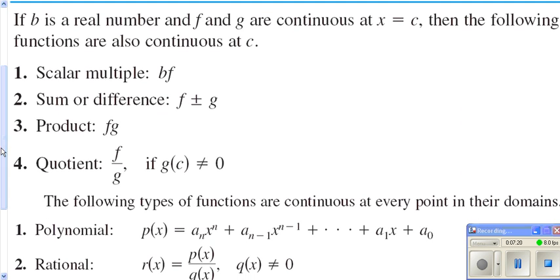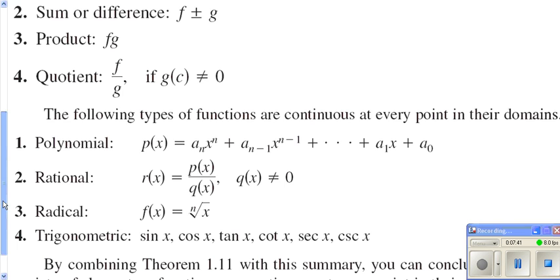Continuity here says if f and g are continuous functions and you add two continuous functions together, it's going to be continuous. If you multiply two continuous functions together, it's going to be continuous. If you divide two continuous functions, it's going to be continuous except wherever the bottom function is 0.